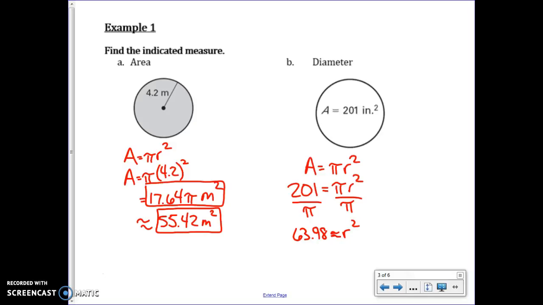Now to get radius by itself, we need to take the square root on both sides. The square root of 63.98 is about 8, and that would be inches. But it wants to know the diameter, which is all the way across the circle, so it would be about 16 inches.